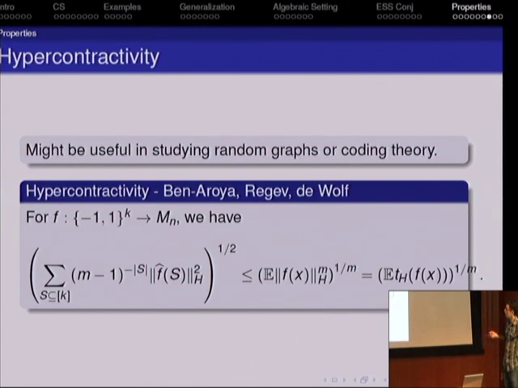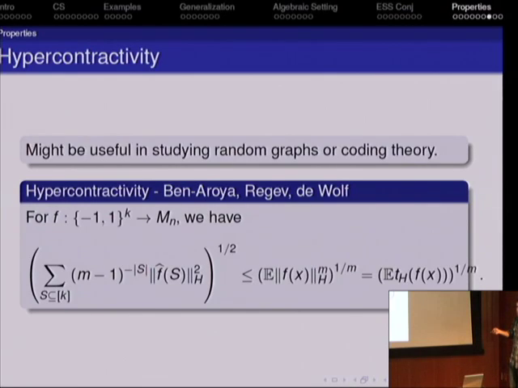Now, the hypercontractivity says that if you look at the H norms of these matrices, take power 2 and scale them down by this constant, m minus 1 to the minus s, and the sum goes over all s. So you apply the Fourier coefficients, but you dampen them down. The large s's get penalized by this small constant. Then this is bounded above by this LM kind of norm. So you look at the expected value of f of x, which is a matrix, so you can look at the H norm of it and take the power m.